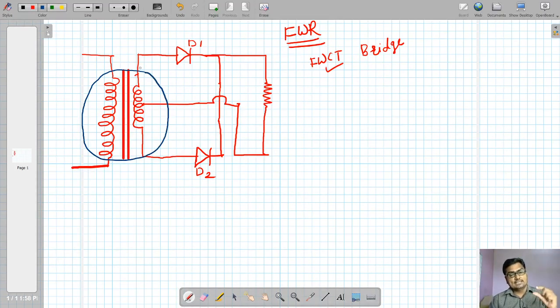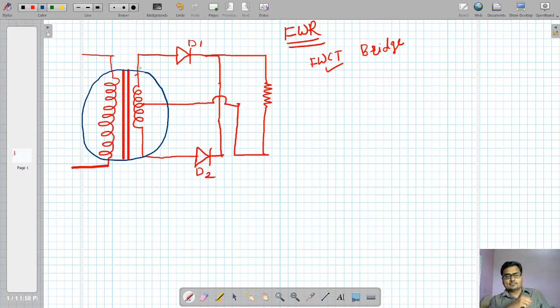The center tap transformer is used in this circuit, and that's why it is called the center tap full wave rectifier. So, got the reason? The type of transformer is center tap, and we use that transformer in this rectifier.